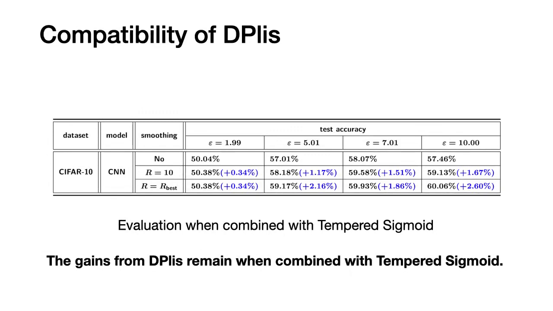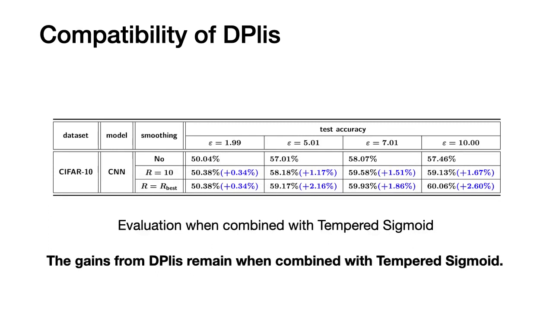Another good thing about DPlis, besides improving performance and stability, is that it tailors only the training loss function. So it is by design compatible with many other strategies to improve DPSGD.